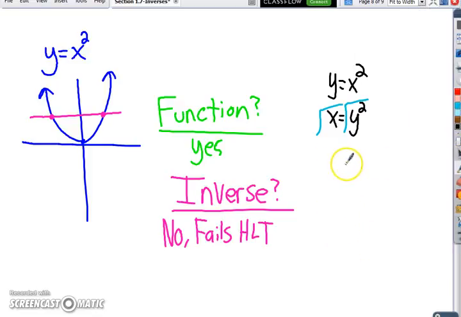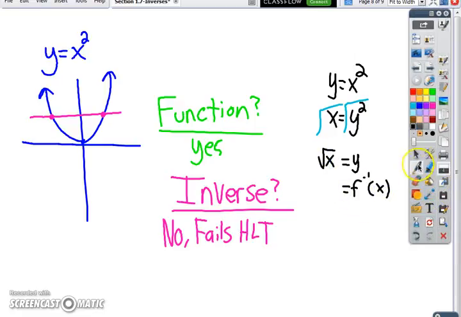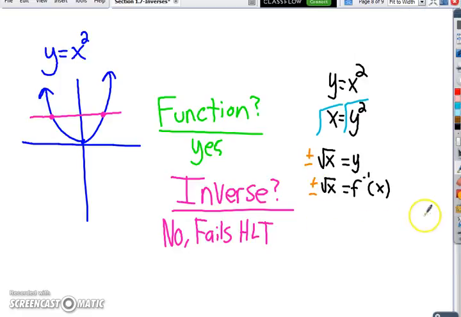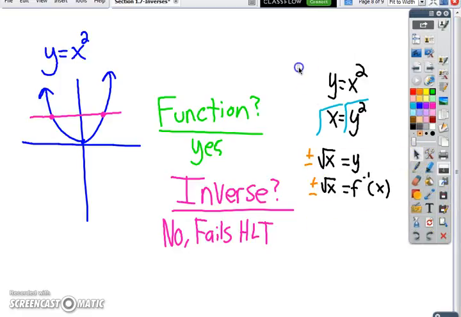Well, I get y by itself, which is the same as saying that. However, when I take the square root of anything, remember, I have to put what out in front of it? A plus minus.